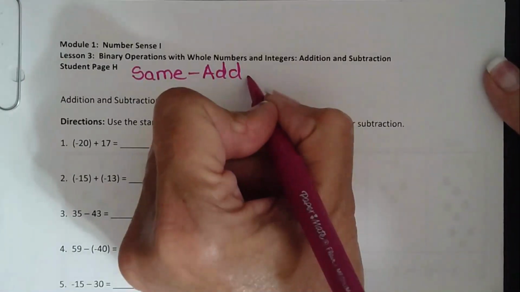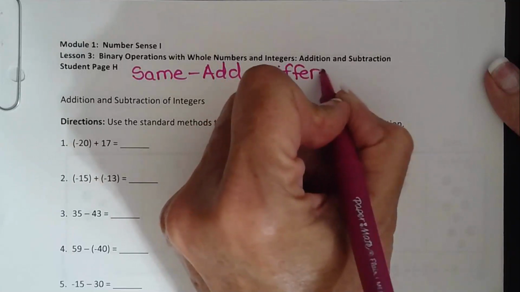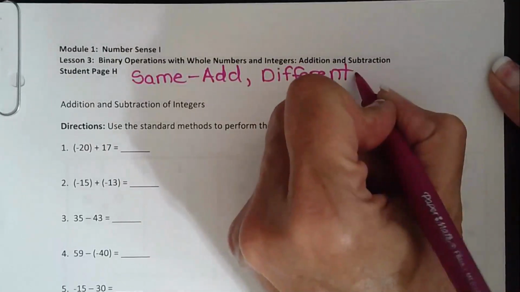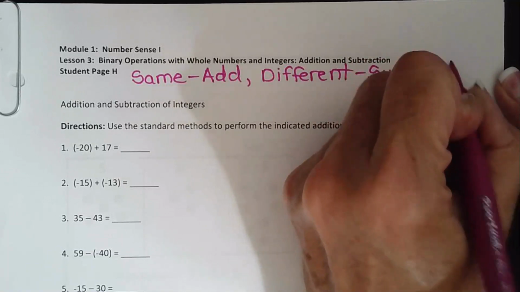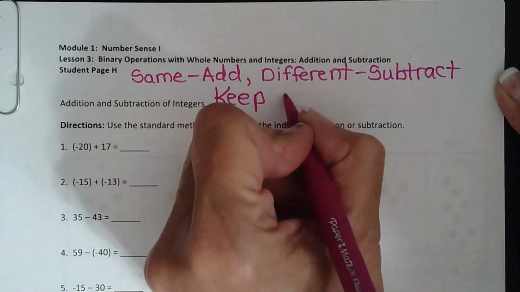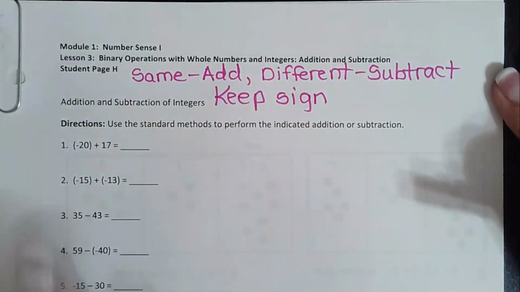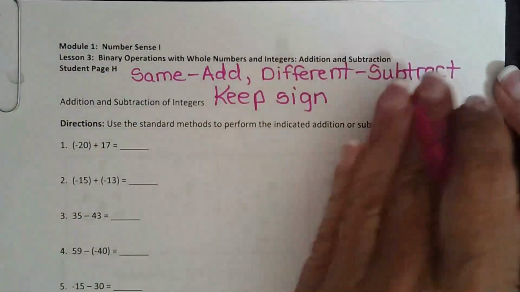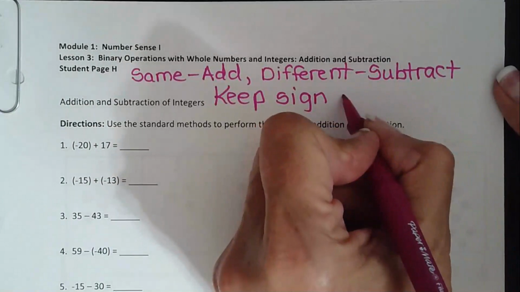Same, add, different, subtract. Always keep the sign of the larger. So when you're doing those first 5 problems on your quiz and test, boom, all you have to do is look up there to verify the rules.